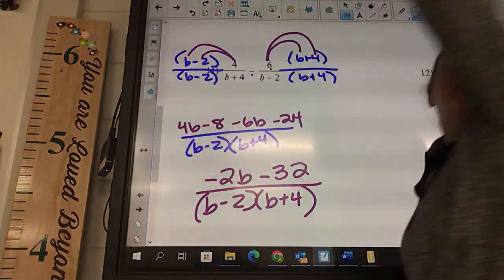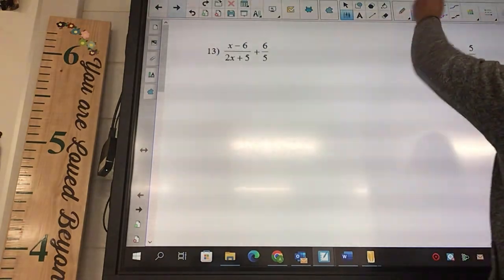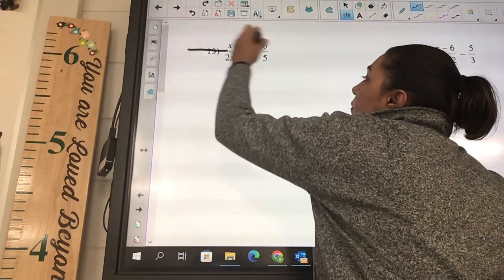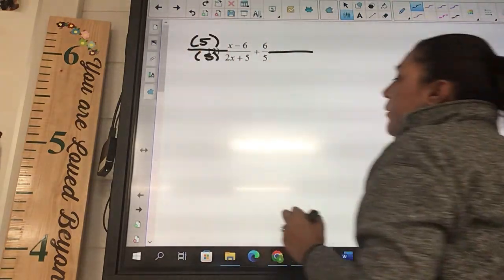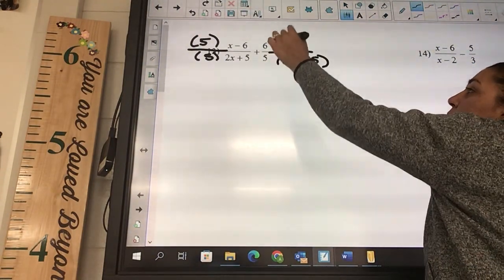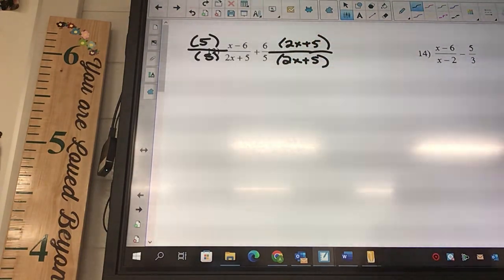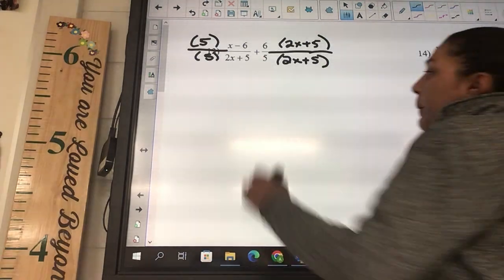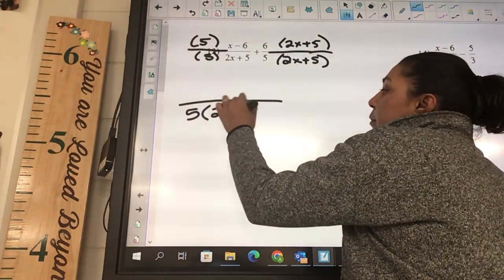Can I scroll? Okay, we got 2 left. Our first one, what are we multiplying by? Times 5, good. And times 5. Second one, multiplying by 2x plus 5. Our bottom is going to look like 5 and then 2x plus 5.